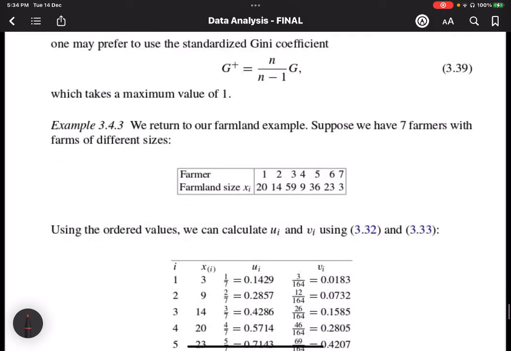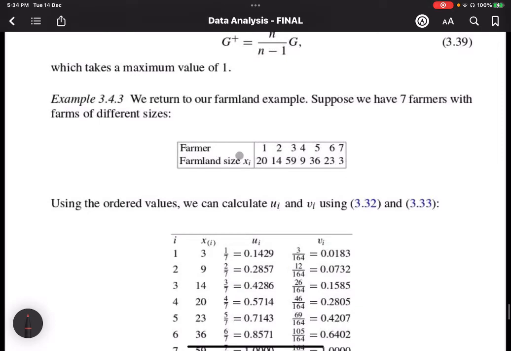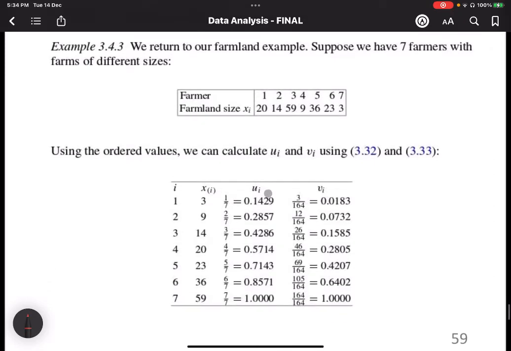So, let's have an example, no? We have farmers 1, 2, 3, 4, 5, 6, 7. Farmland sizes. So, there are 7 farmers and this is their distribution of land. If we put it in a table, we have the following values for U and the following values for V. Okay?